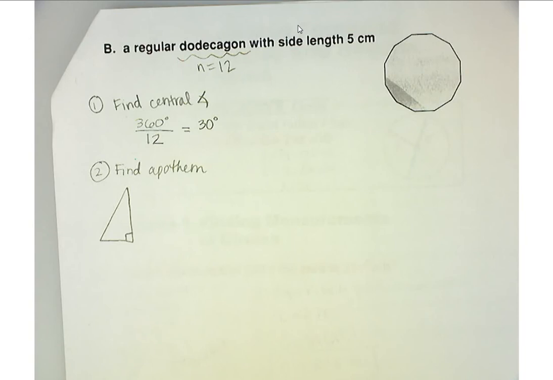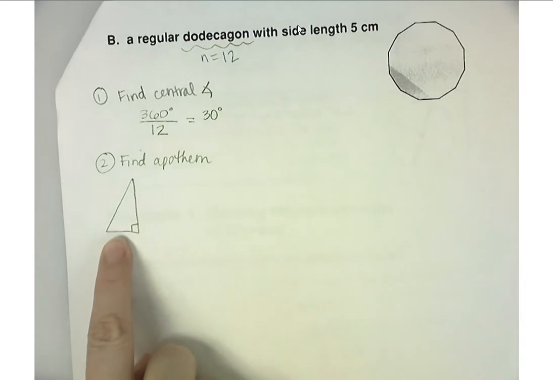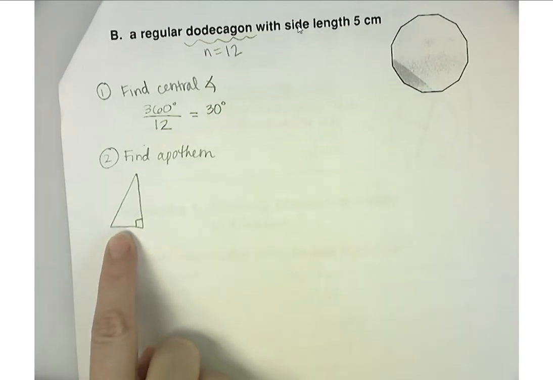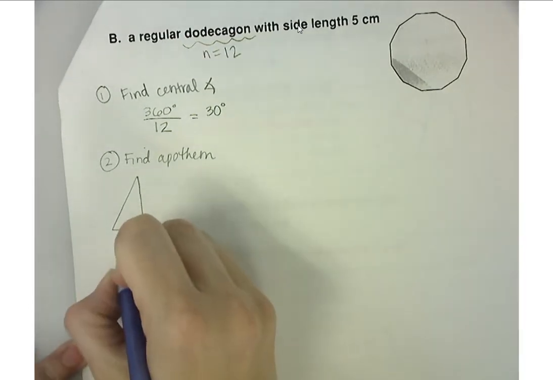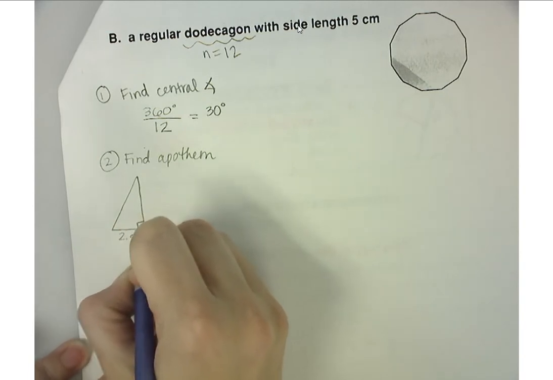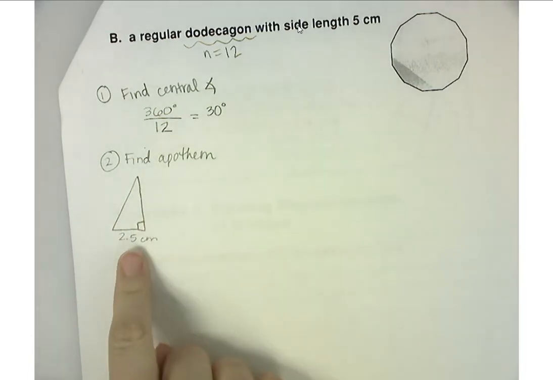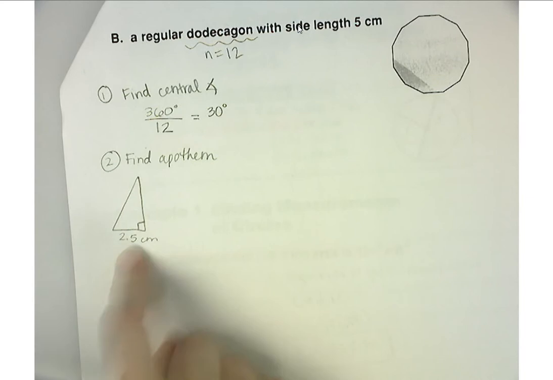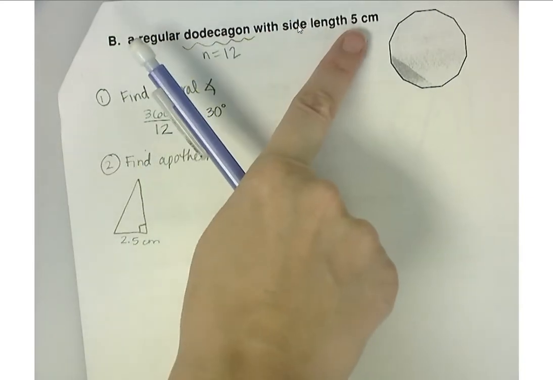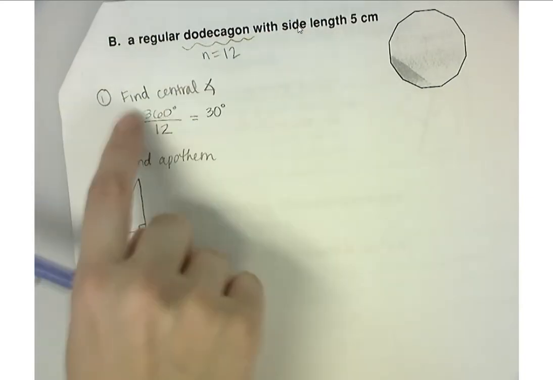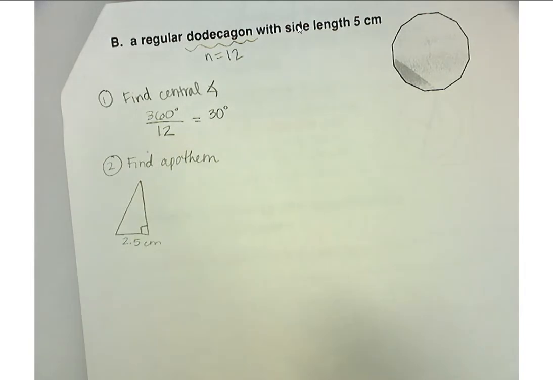Brandon, what is your side length going to be here? 2.5. Then Hope, where's this 2.5 coming from? Yeah, you're going to divide the side length by 2, right? And then Tina, what's this angle going to be?